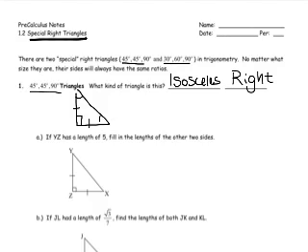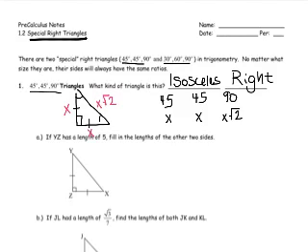So when we do isosceles right triangles, we can label the sides across the 45 as x, across the other 45 as x, that makes sense because they're the same, and across the 90, x root 2.